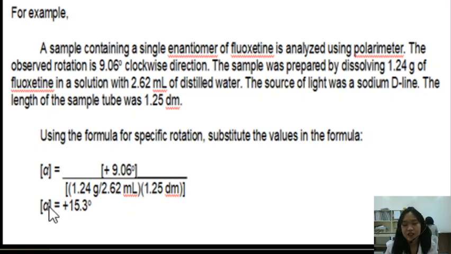Okay. So, using calculator, you will get the value of positive 15.3 degrees. So, pwede rin, you can also get a negative value if the given direction is counterclockwise. So, since clockwise ito, positive 15.3 degrees.